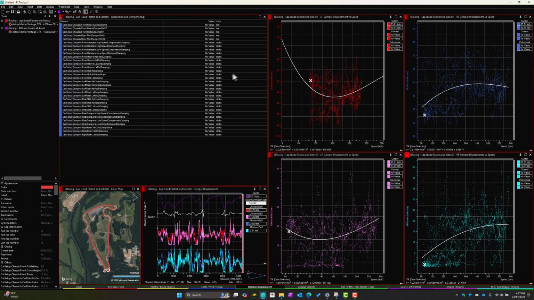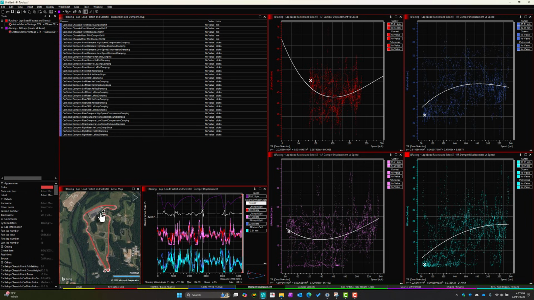Then you can start looking at it and seeing the differences in the traces to understand what that does to the car. I'd encourage you to take notes on what changed and how it felt, but more importantly, you'll get a sense of what that looks like in the data itself.